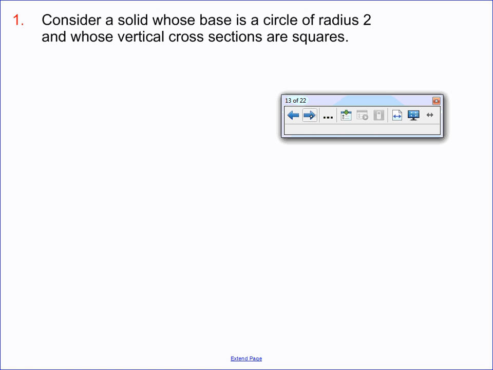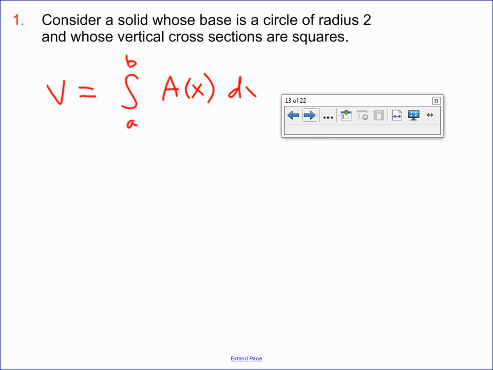Now all we have to do is set up a definite integral to get my volume. In general, the volume of my solid with known cross section will be given by a definite integral from a to b of an area function, A of x, multiplied by the infinitely thin widths of those slices, dx, and summed up gives me the integral symbol.